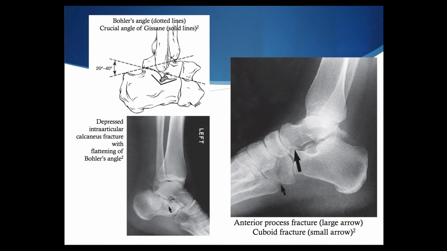The crucial angle, or the critical angle, is another line drawn from the posterior calcaneal articular surface and a second line drawn from the sinus tarsi and to the anterior process of the calcaneus. This angle would also be increased if a fracture is present. And the normal angle is 130 to 145 degrees.